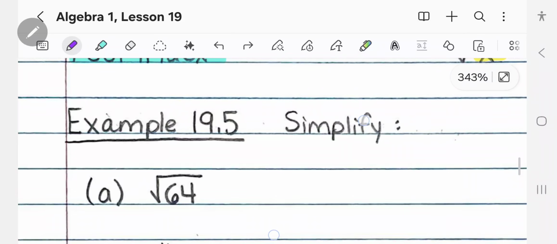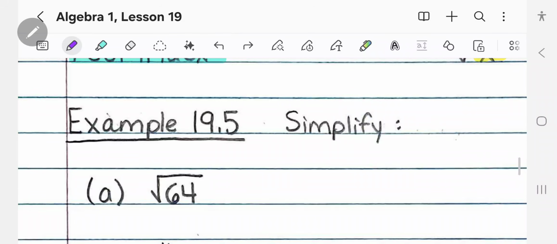For example, 19.5, the square root of 64. What number times itself — the root index is 2, so there's going to be 2 of them — is going to give me 64? A lot of students, when they start doing these, will take half of the number and say, ooh, 32.